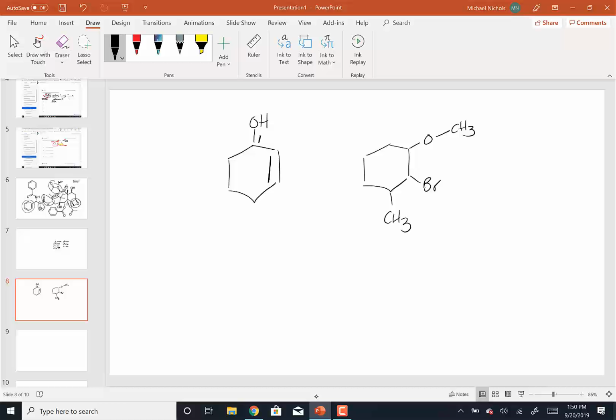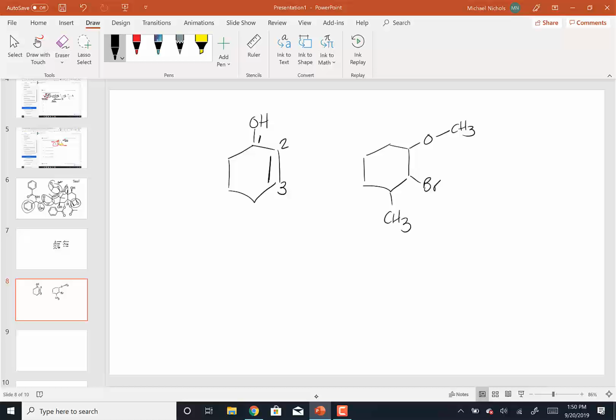Now the rule is I'm going to go whatever way to hit the next priority group, and if there is no priority group, then the next group. So in this case, the numbering scheme would look like this. And so this would be a cyclohex, then a number, then an ene, then a number, then an ol.